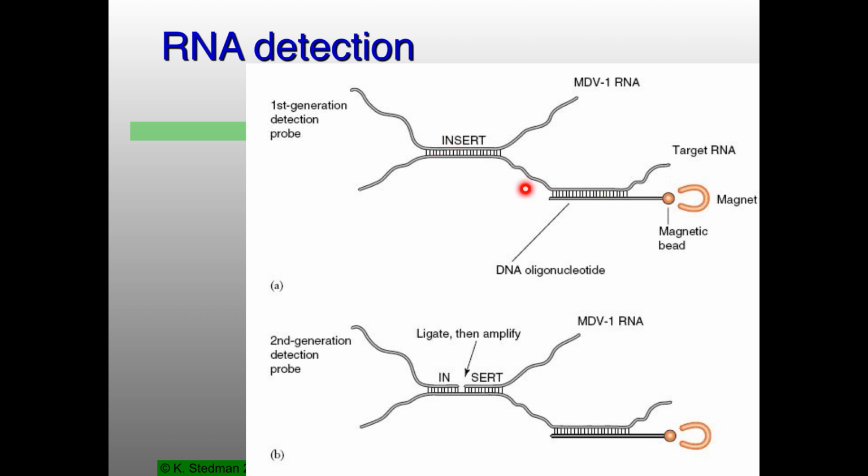The key to this kind of experiment and this particular kind of assay is you have what you're looking for, and you know what the sequence is of whatever it is you're looking for. This has two regions that can base pair on it. One region is so you can trap it somehow.